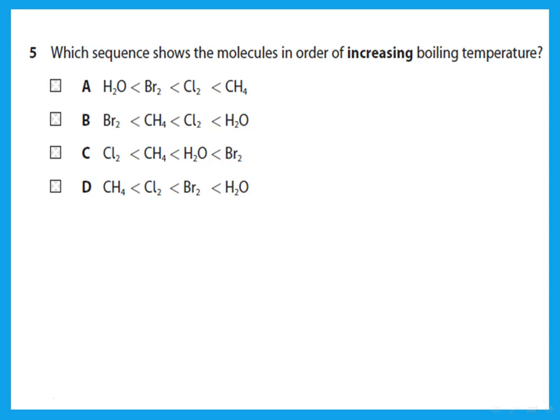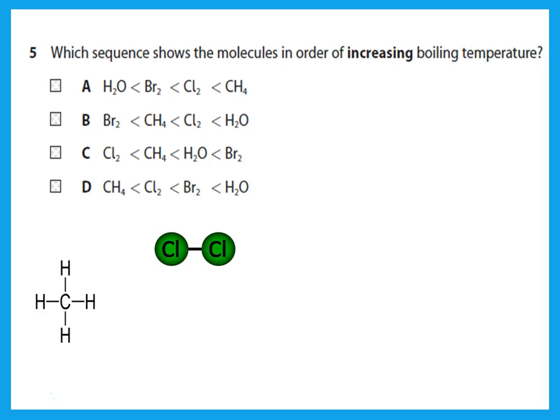Which sequence shows the molecules in order of increasing boiling temperature? What are the options that I have? I have water, bromine, chlorine, methane, and he puts them in different orders. So let us take a look at this. Now, methane is a molecule that has only weak van der Waals forces between it.